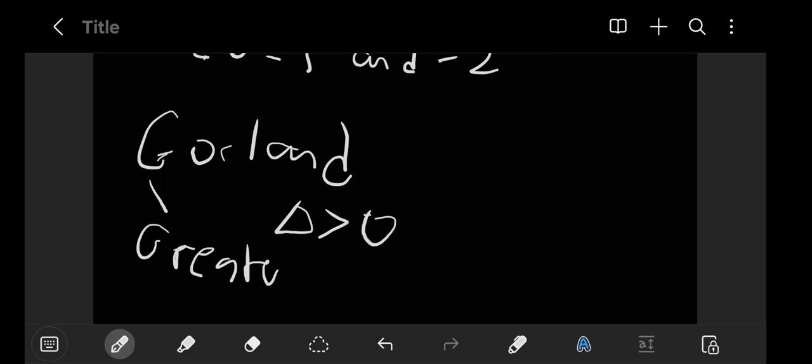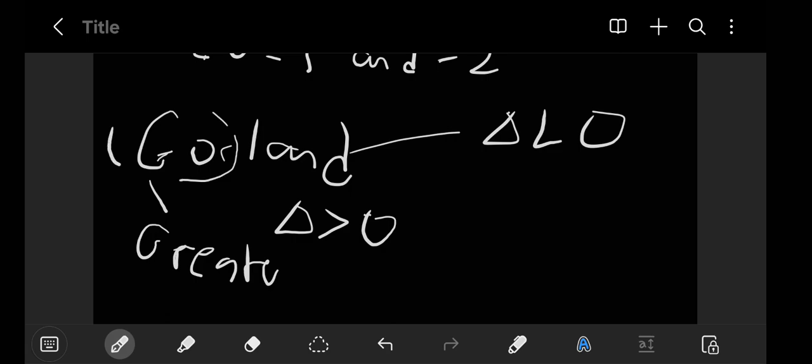We're going to get to the discriminant part later on in the video. And when it's an AND situation, the discriminant is less than 0. Because here we have a greater than situation, it's going to behave in an OR way.